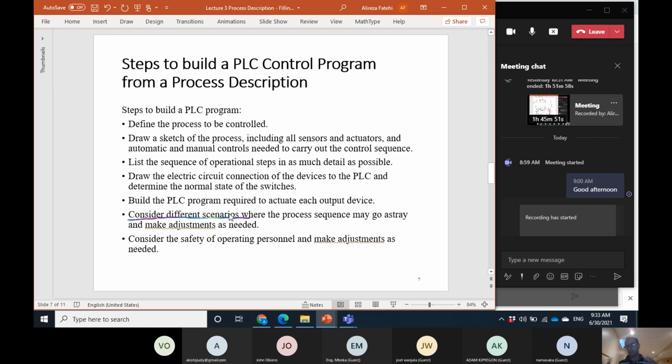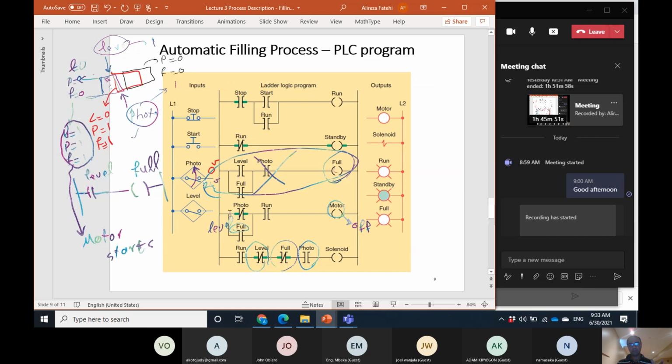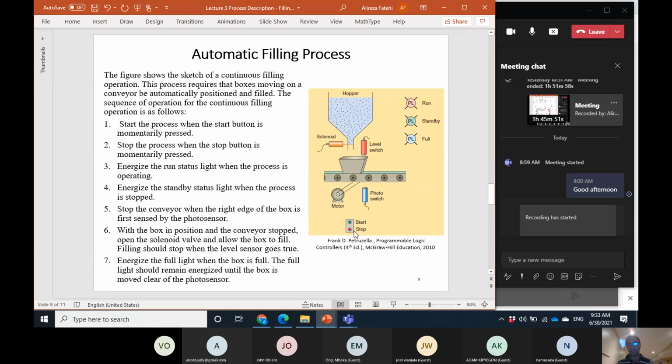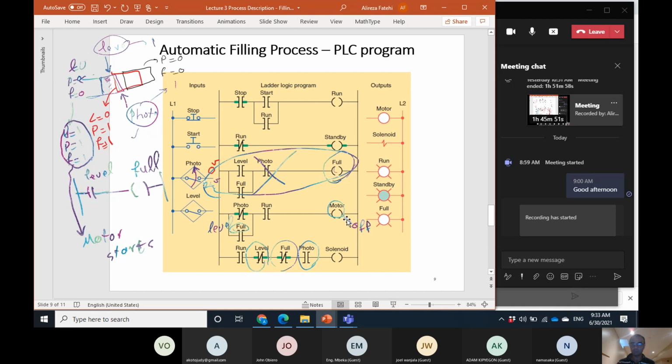What will happen, for example, if when the box is here, somebody pushes the stop push button? What will happen then? And what will happen if we again start that? Does this program work well or not? Maybe not, and we should modify the program.